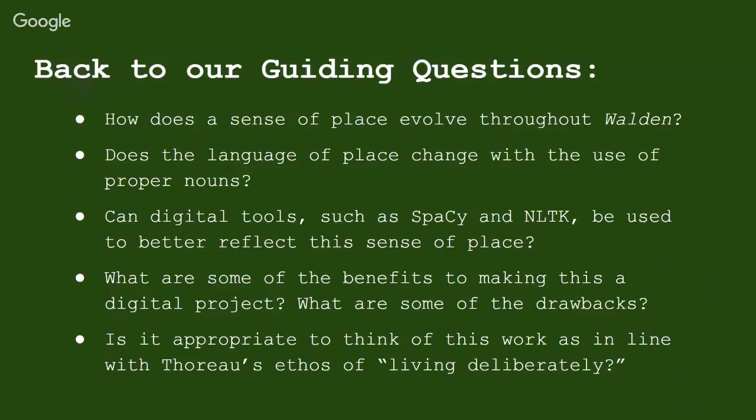So yeah, I'm just going to briefly go through these. So does the language of place change with the use of proper nouns? I thought that this was one of the most relevant questions to what we ended up finding through our data. So the village, Thoreau's use of common names intended to increase the sense of familiarity, as I said before. The village, the woods, which denotes a sense of comfortability and knowingness and home.